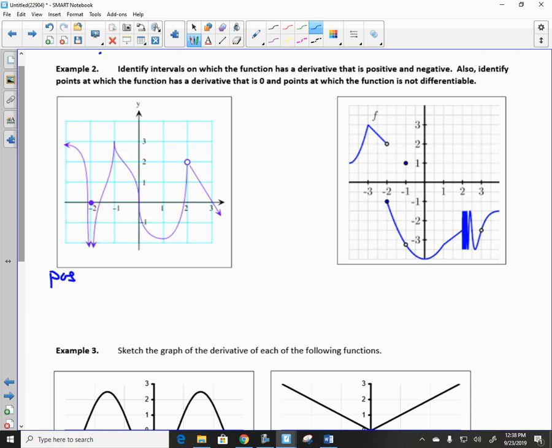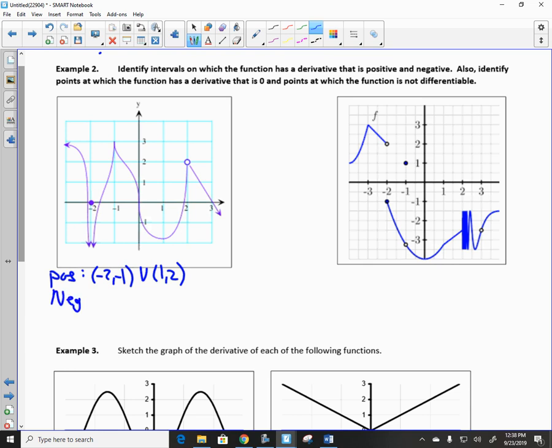Can somebody tell me an interval where the derivative is positive? -2 to -1, good. It's positive there. Where else is it positive? One to 2.